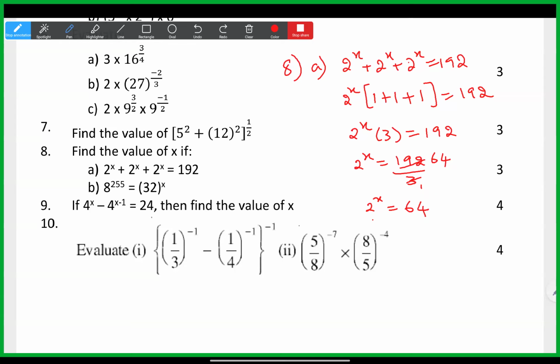Yes, sir. Because now we have to make the bases the same. You need to do it quickly. What I have to write?